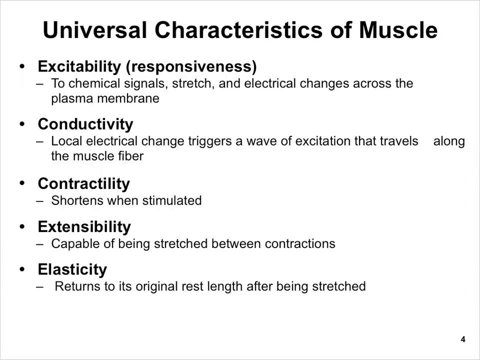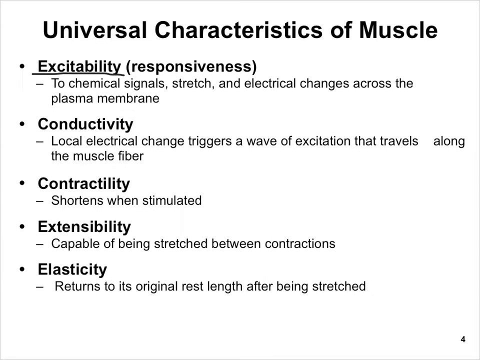Muscle tissue has some unifying characteristics that you should know. First, we have excitability. Both nerve and muscle cells are excitable. This means that they respond to some sort of stimulus with an action.